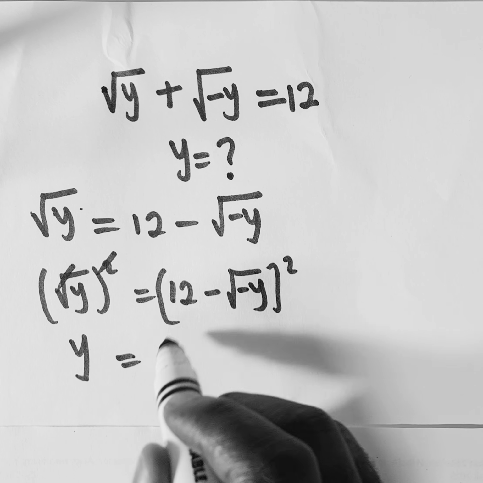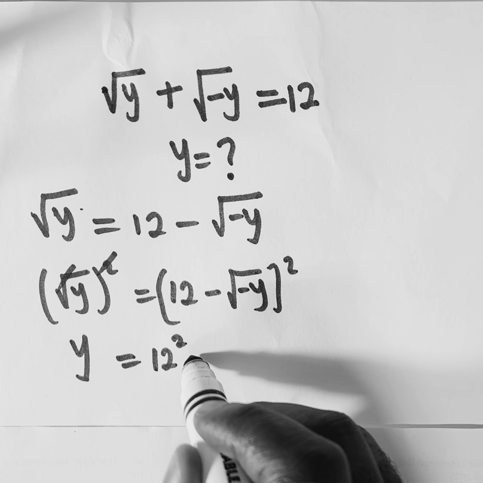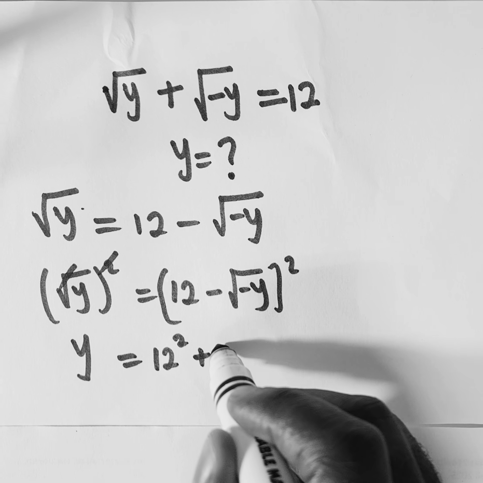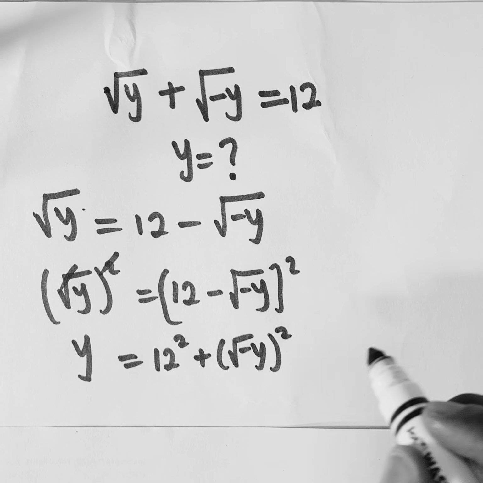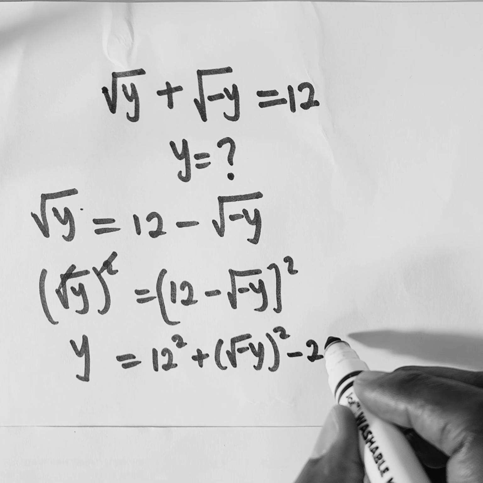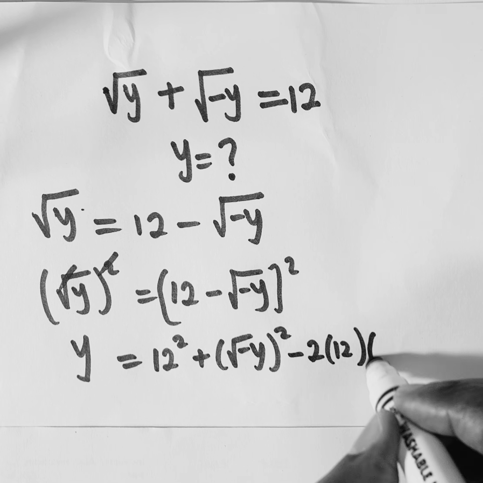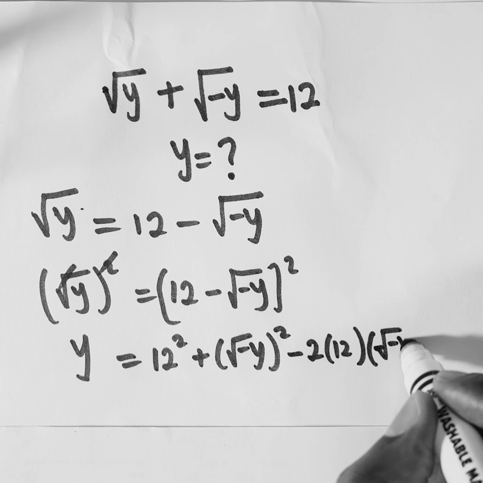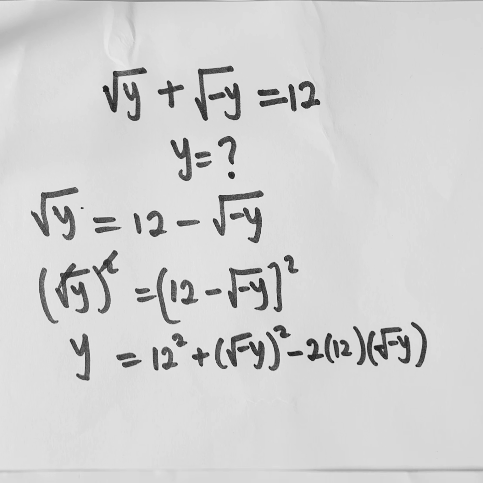And on this side, I'm going to have 12 squared plus the square root of negative y squared minus 2 multiplied by 12 multiplied by the square root of negative y. So this is the rule for the expansion.